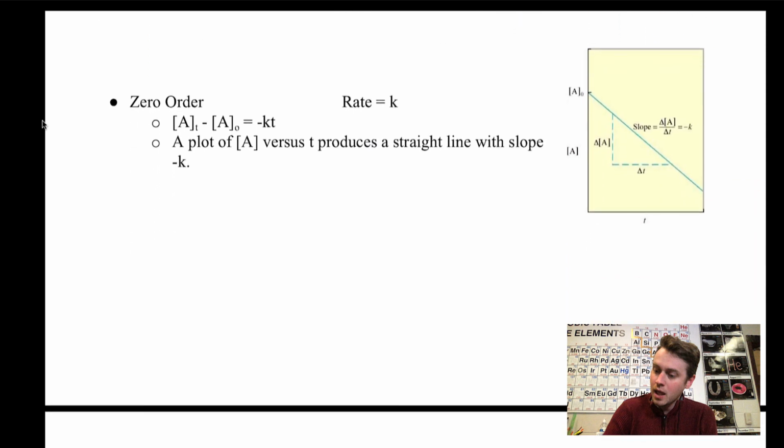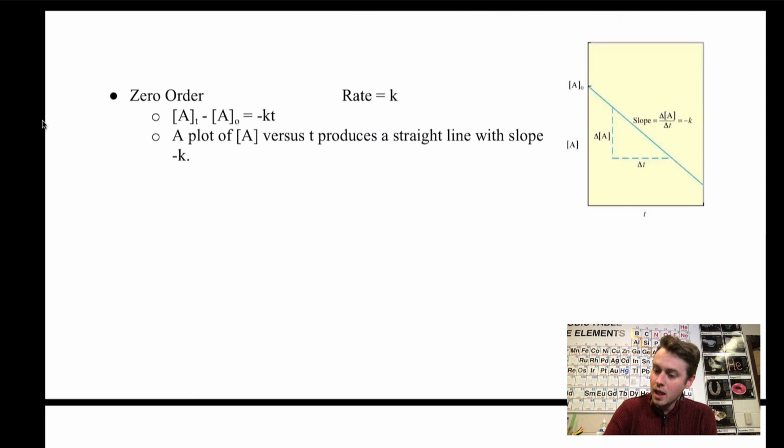For a zero order reaction, you'll notice that concentration does not affect the rate because it is zero order. This is the formula that we are going to use. All three of these formulas are found in your AP reference materials, and so you have them available to you on the test in here and also on the AP test in May.